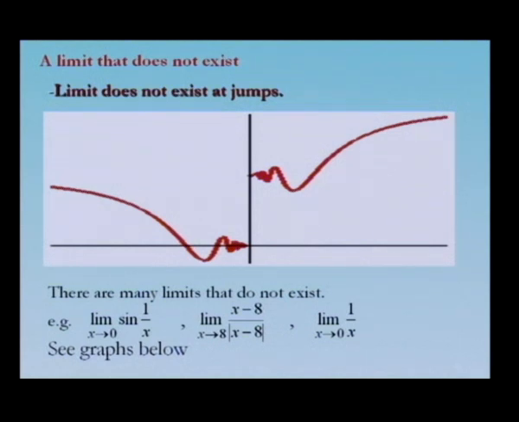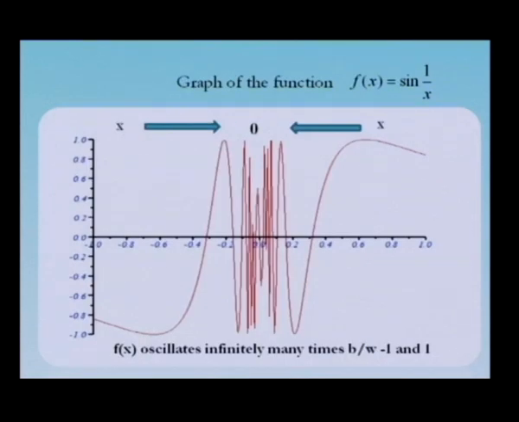Now let's consider some more functions where the limit does not exist. For example, limit x tends to 0, sine 1 upon x; limit x tends to 8, x minus 8 upon mod x minus 8; and limit x tends to 0, 1 upon x. Let us see the graphs of these functions. This is the graph of the function f(x) equals sine 1 upon x.